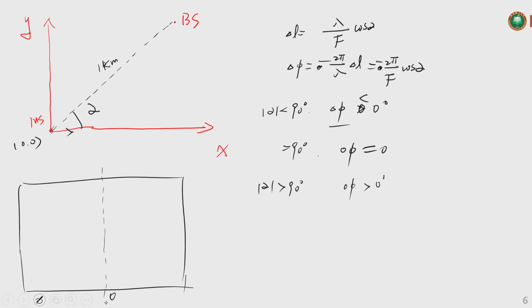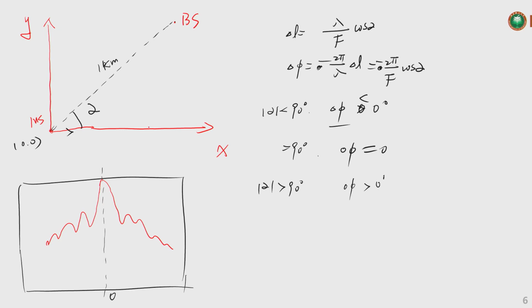So this is 0, and if alpha equals 90 degrees, that means there is no shift. We are going to observe this from the front panel of the spectrum analyzer.